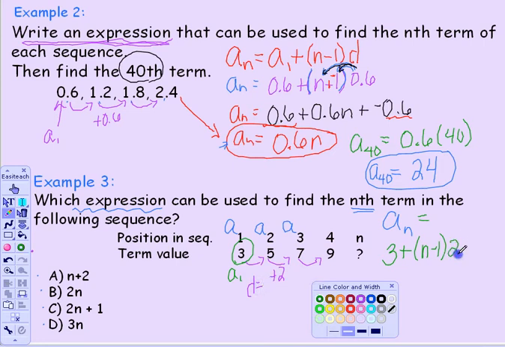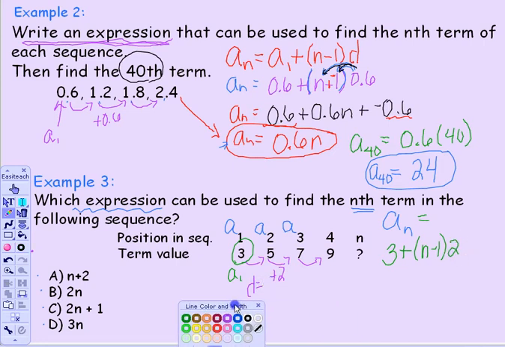So we're going to put a 2 out here for our d value. Using that distributive property, we get a sub n equals 3 plus 2n. You can either write it as minus 2 right here or plus a negative 2. Either way is fine. Combine like terms.